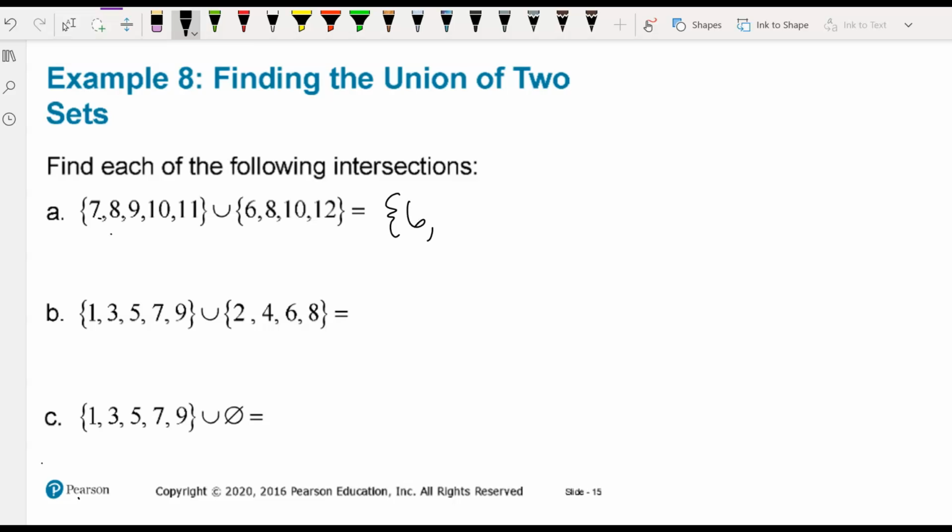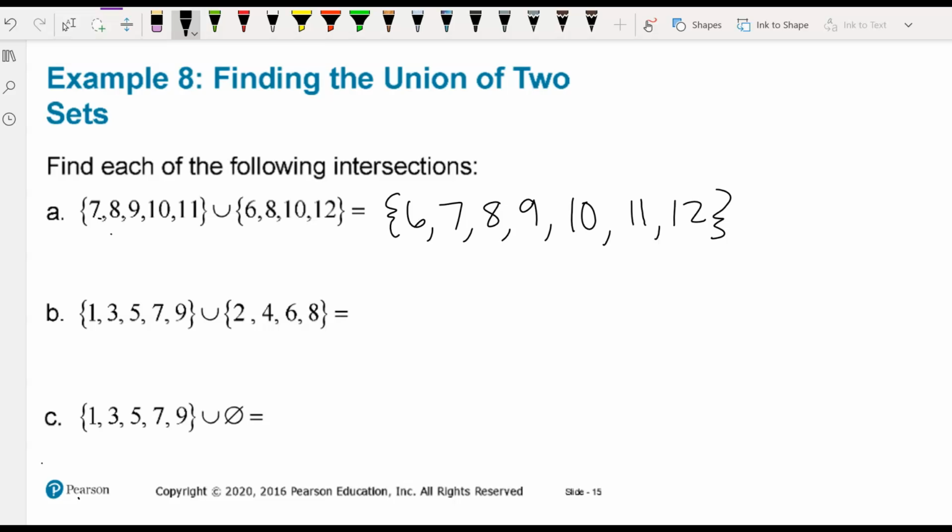So 6, 7, and then 8 is in both sets, so we'll include that one. And then 9, 10, 11, and 12. So all of the numbers of our sets, because it can be either or all of them together.